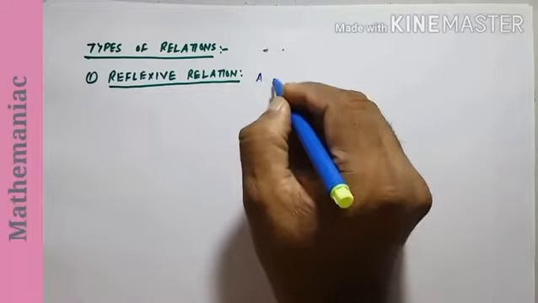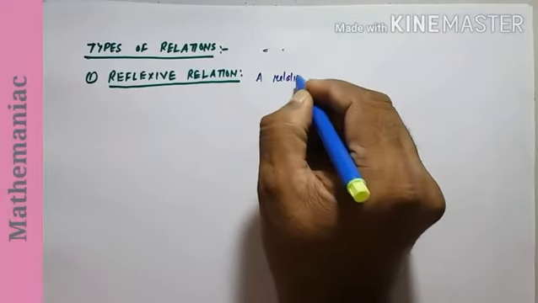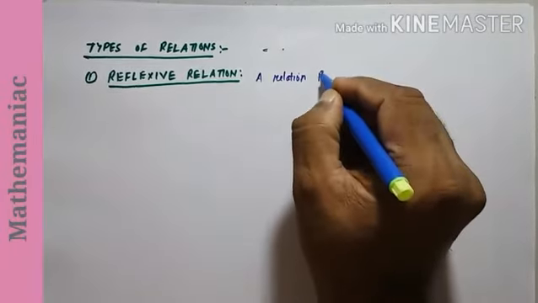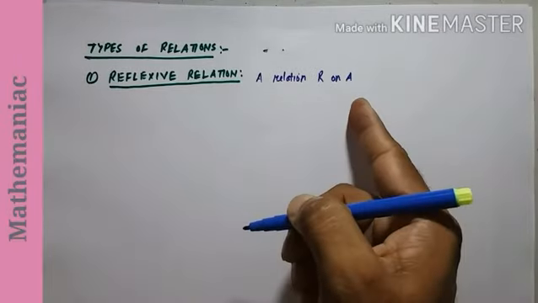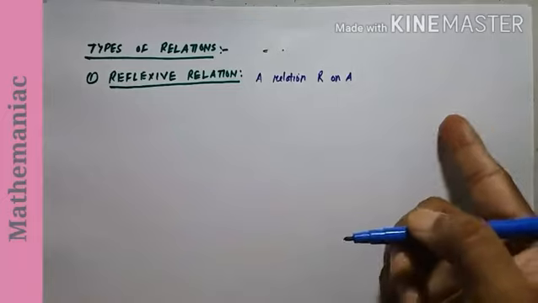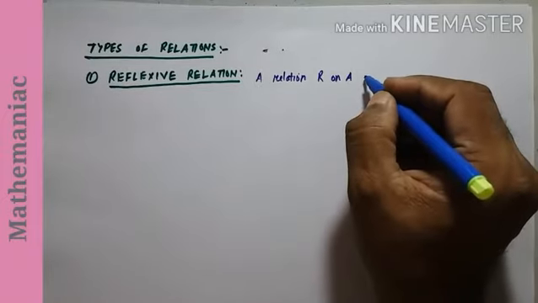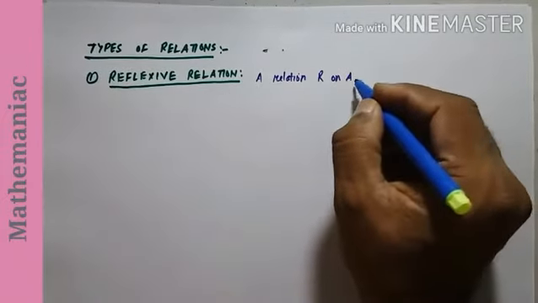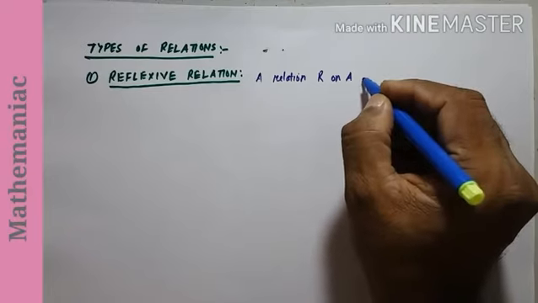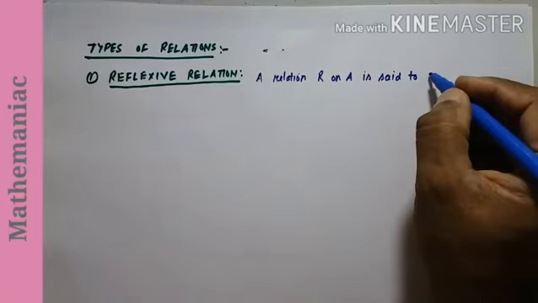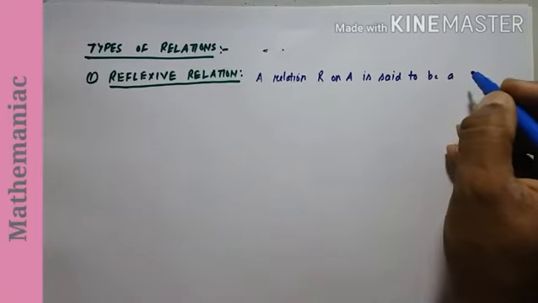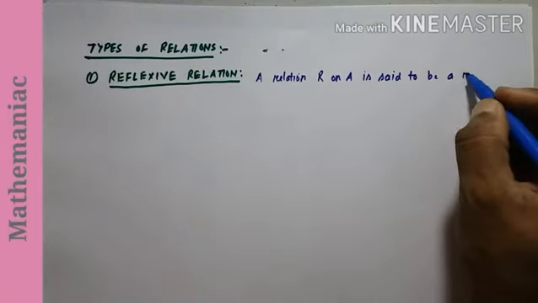So we'll write a relation R on A. So on A means it is from A to A itself, right? So in brackets I am writing here a relation on A is said to be a reflexive relation.